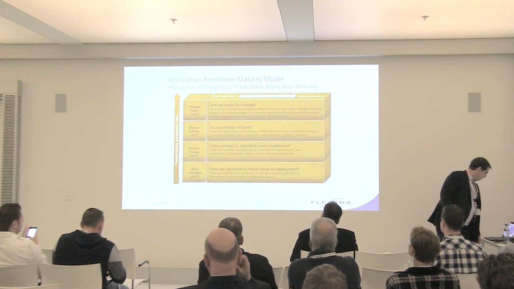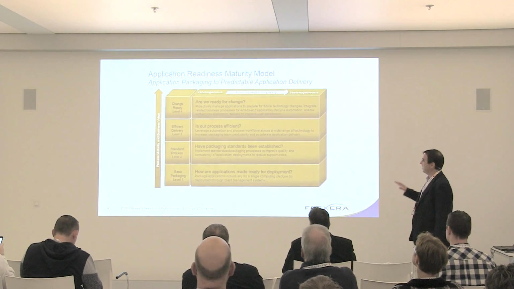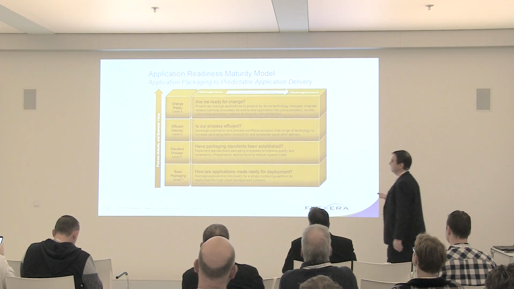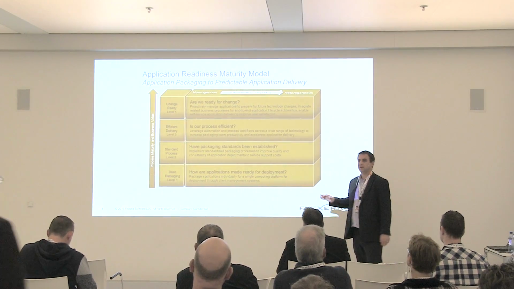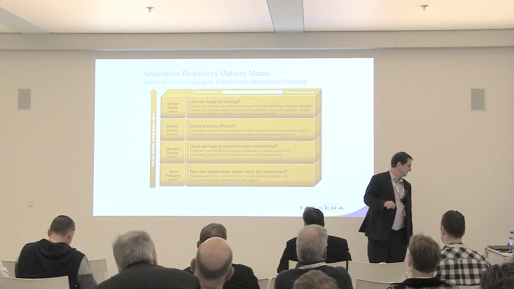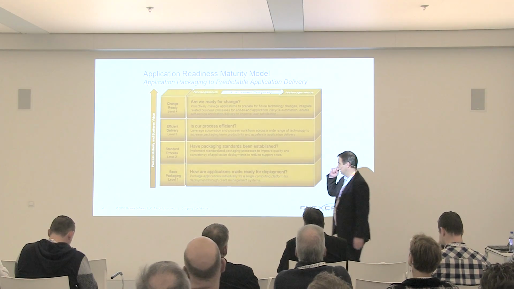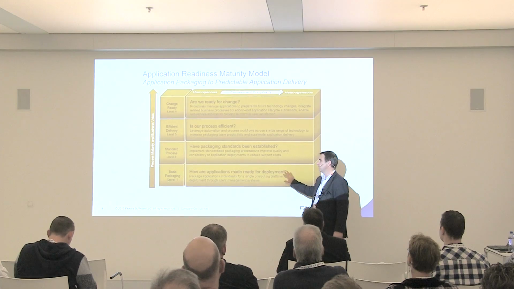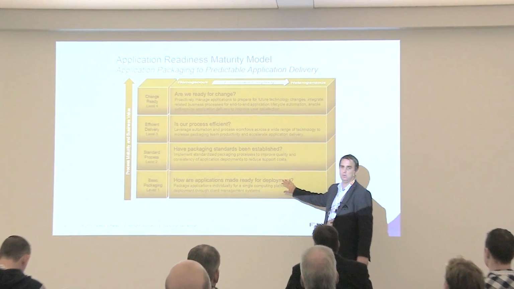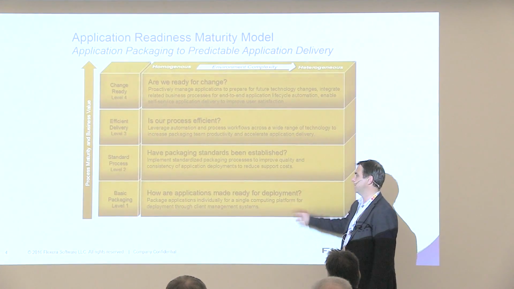So with our AdminStudio solution, we're trying to help organizations to improve their maturity. Unfortunately, my clicker doesn't work, so I'm going to point with my finger. But it really comes from being at a level, what we call maturity 1, which is basic packaging.